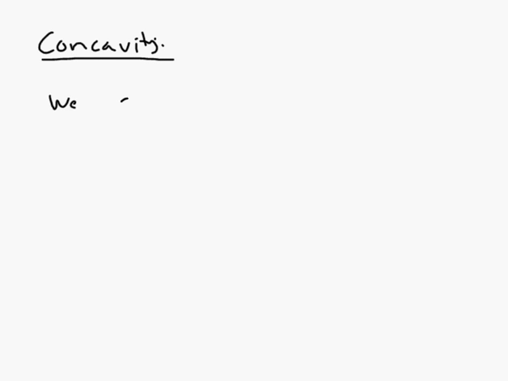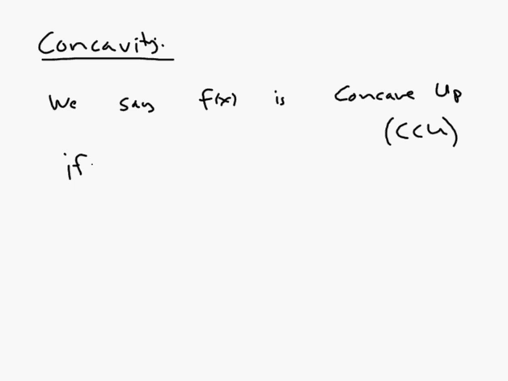So we say f of x is concave up, which I'll denote most of the time as CCU, concave up, if as x goes up, slope goes up, which I denote usually with an M, or sometimes we say average rate of change. So we'll draw something that does this in a minute.